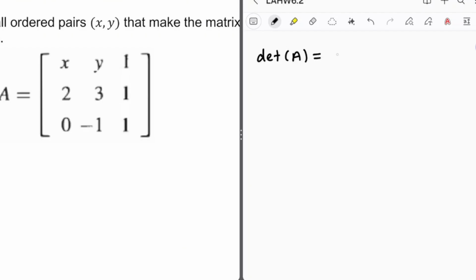is going to equal x times something minus y times something plus 1 times something else. So it'll be x times 3 plus 1, plus minus y times 2 minus 0, plus 1 times negative 2 minus 0. Okay, so 4x minus 2y minus 2.